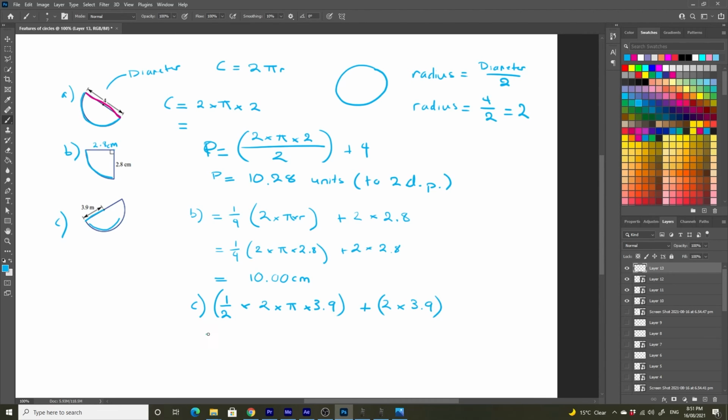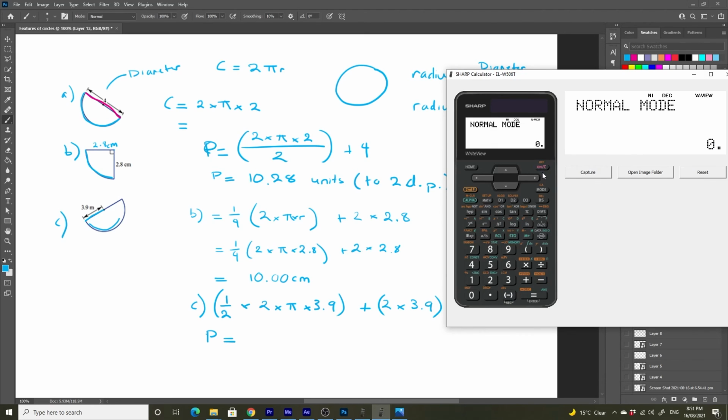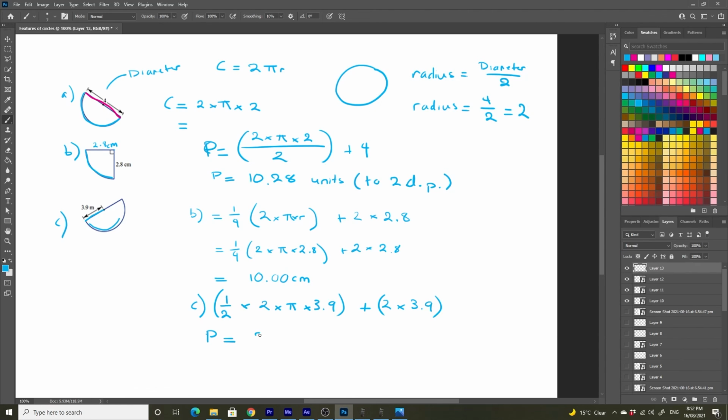So our perimeter is going to be 2 times pi times 3.9 divided by 2, and then we add on in brackets 2 times 3.9, and this is our answer, 20.05 meters.